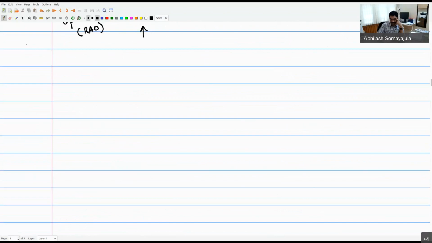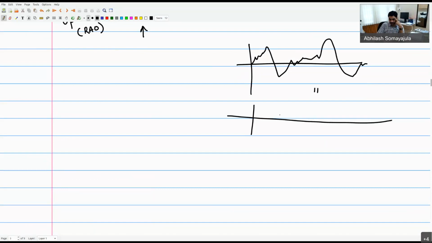Which means that if I have the so-called irregular wave, I will say that this irregular wave is equal to the sum of regular waves of different frequencies. So on and so forth.